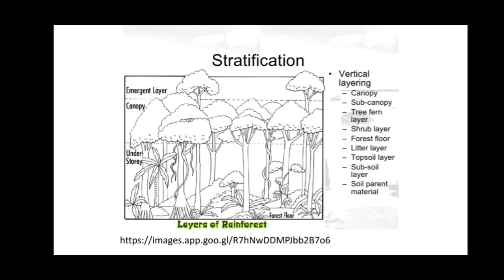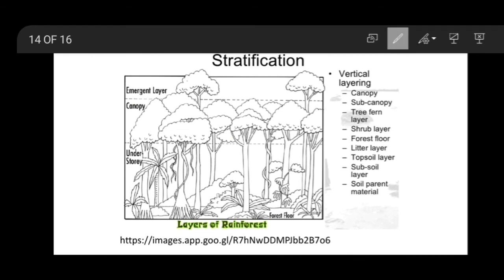You can see here the different layers: canopy, sub canopy, tree fern layer, shrub layer, and forest floor. As we know, the forest floor is rich in humus and litter. Then the litter layer, topsoil layer, subsoil layer, and the soil parent material.